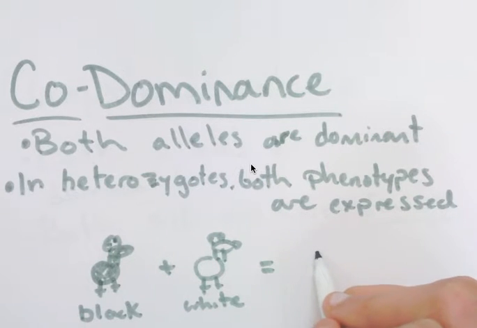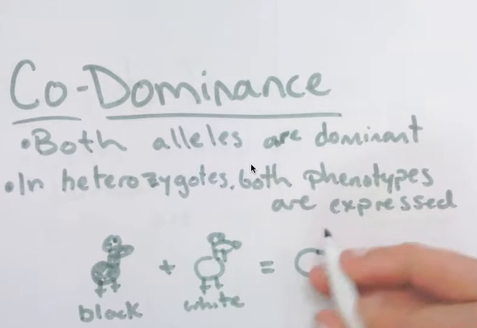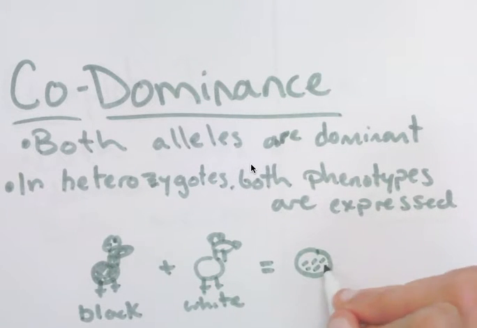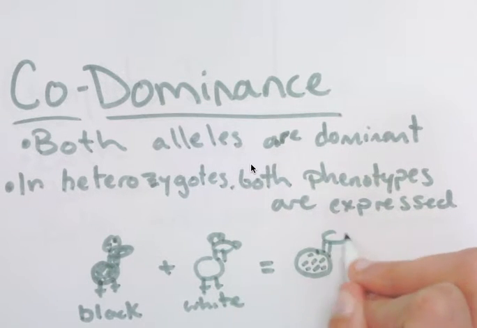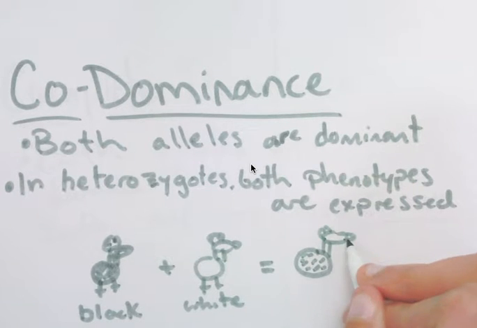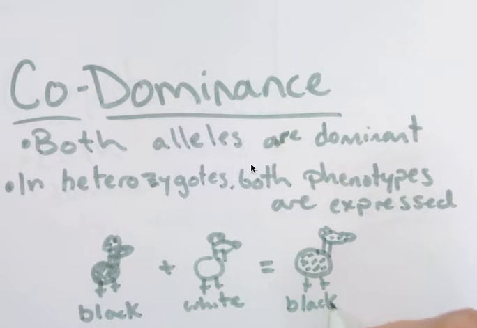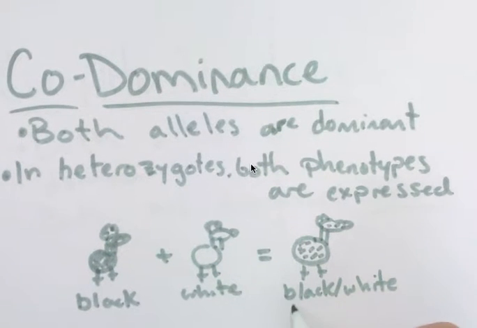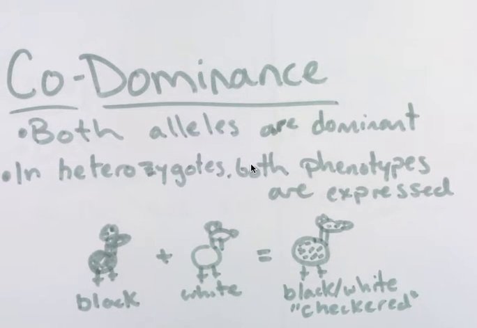Instead of having gray feathers, which would be the in-between, you get a chicken that has some black feathers and some white feathers. This, by the way, in case you're curious, is called a checkered chicken, if you want to look that up on Google to see what that looks like. A good example of codominance.